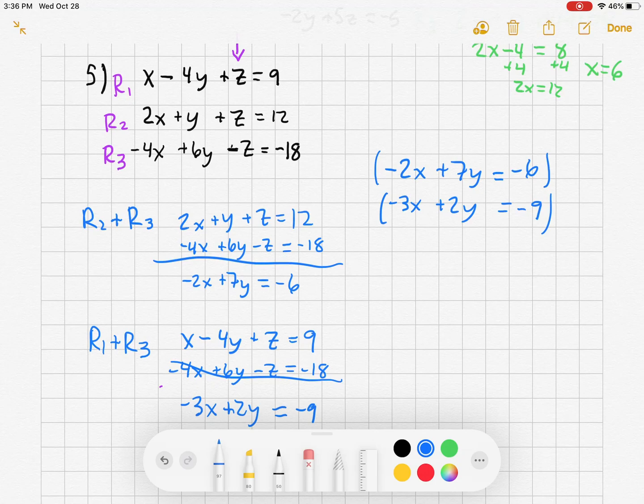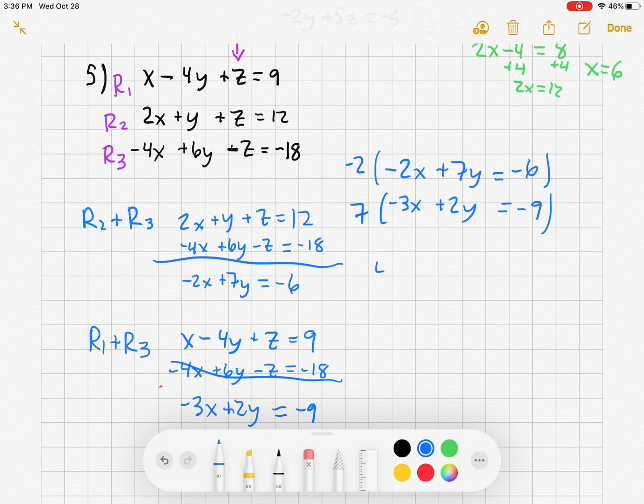If I multiply the top row by negative 2 and the bottom row by 7, that will give us the results that we need to be able to add them together and have negative 14y plus 14y.